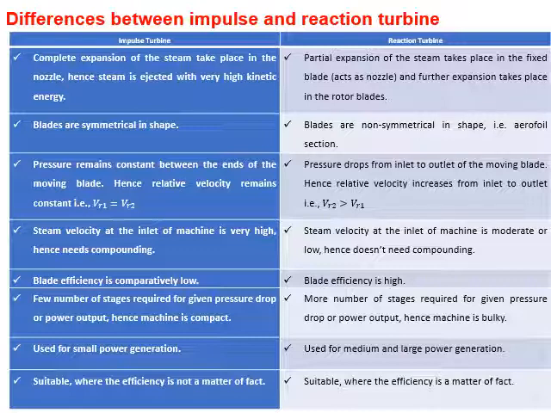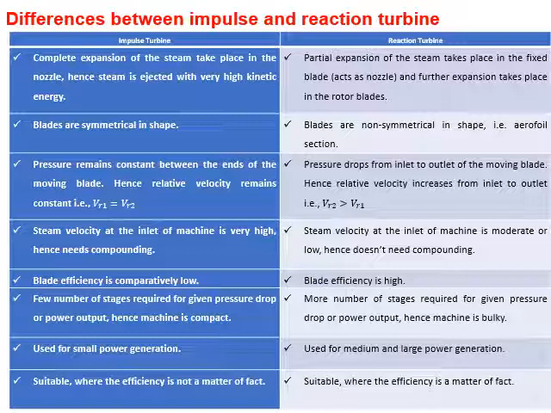In an impulse turbine, the pressure drop occurs only in the nozzle, so it is converted into high kinetic energy. But in a reaction turbine, partial expansion of the steam takes place in the fixed blade, which acts as a nozzle, and further expansion takes place in the rotor blades.